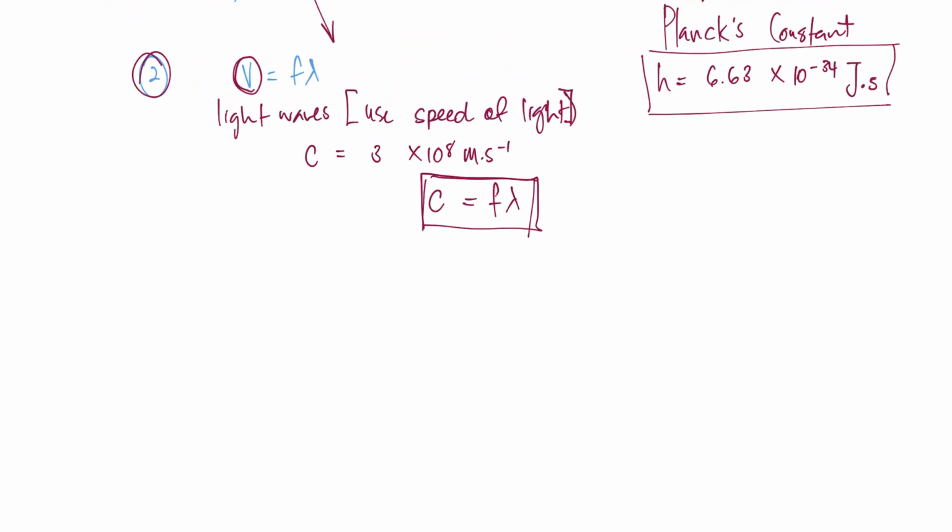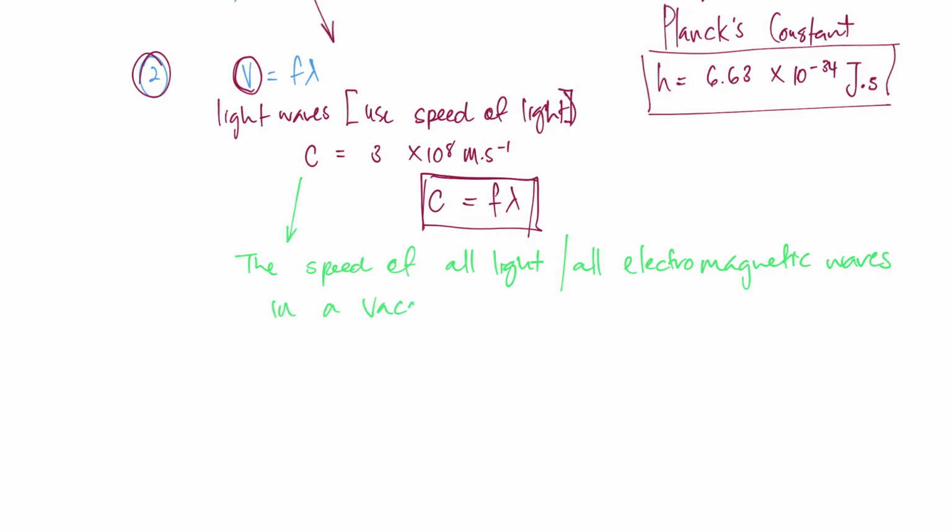The next thing you must understand about this value c is that the speed of light of all light, that's important, or all electromagnetic waves, that means radio waves, gamma rays, all of it, if it goes through air or vacuum, then the speed of light remains the same.